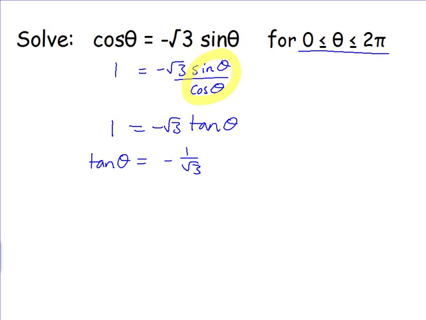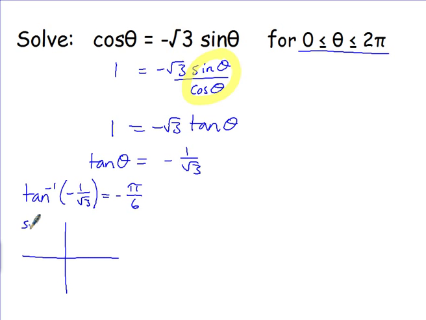Now from here it's going to be the same setup. We can get one solution by using tan inverse of 1 over root 3. That will give us a solution of minus pi over 6. And these we can now draw on the coordinate axis.